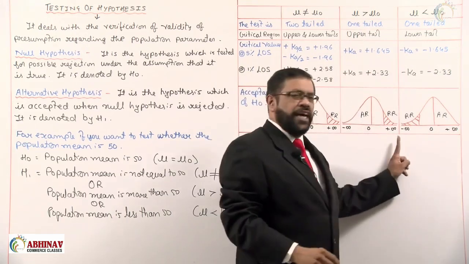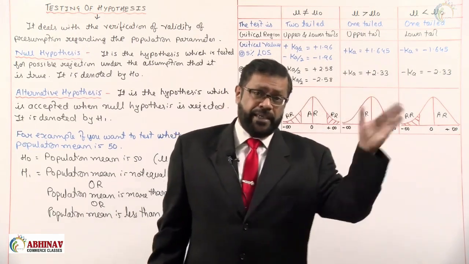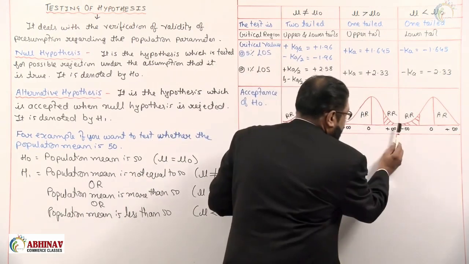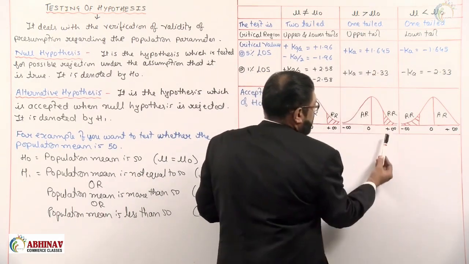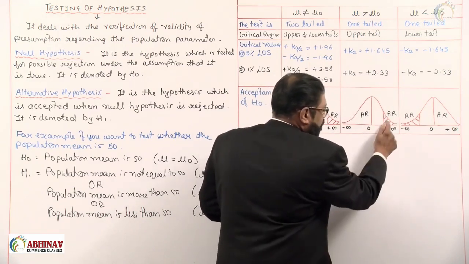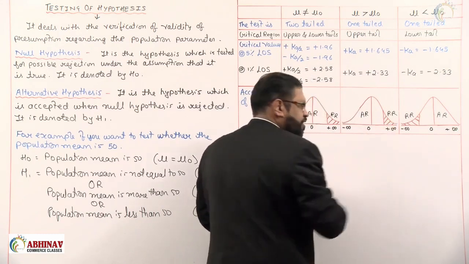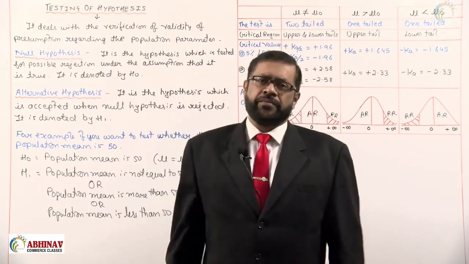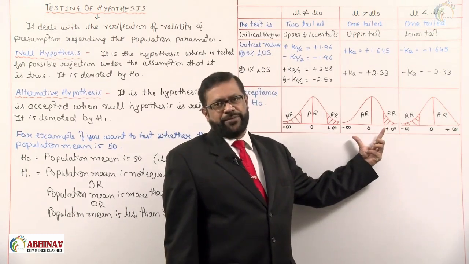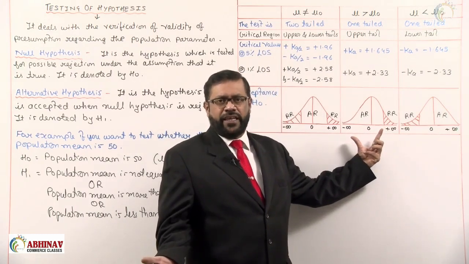Upper tail means shade the upper tail. Plus infinity is the upper tail and the lower tail is minus infinity. When you shade the upper tail, the critical value is 1.645. If your answer lies in this rejection region, H0 will be rejected. If your answer lies somewhere here, H0 will be accepted. This is how we accept and reject the null hypothesis.